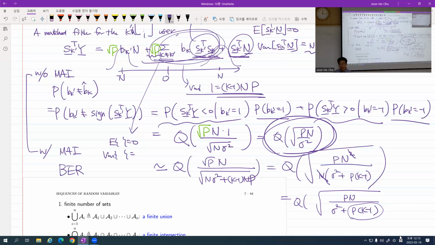And you will be amazed if you plot the simulation result by using this Gaussian approximation when K is large enough. It's very, very close, up to tens of dB in the signal to noise ratio, something like that.